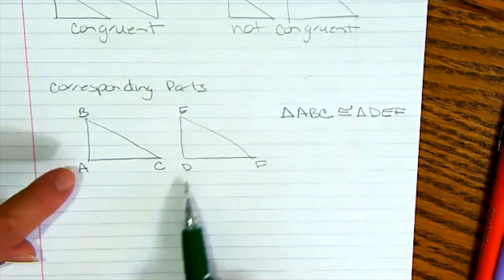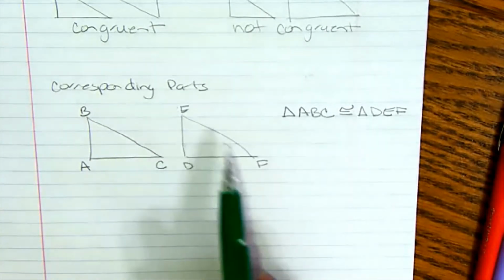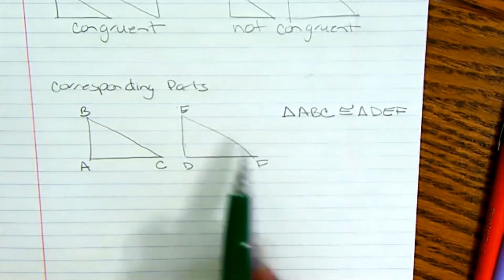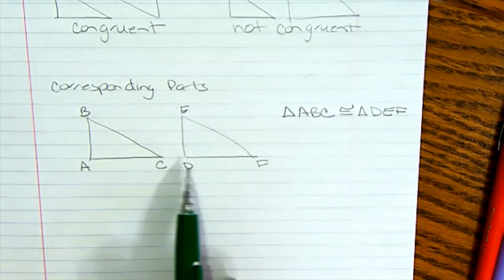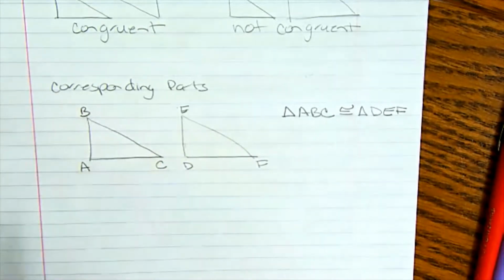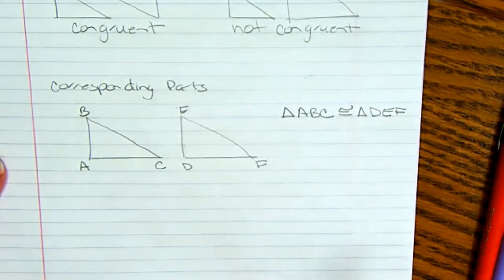So ABC is congruent to DEF. We would not label this triangle DFE or FED. You want the same points in the same order when you're labeling congruent triangles.